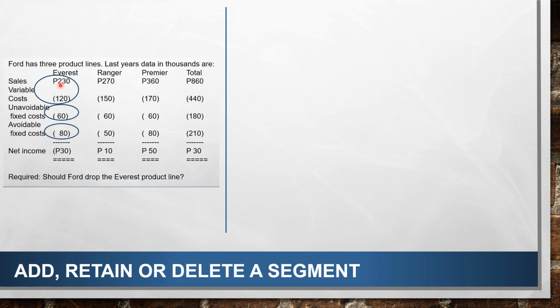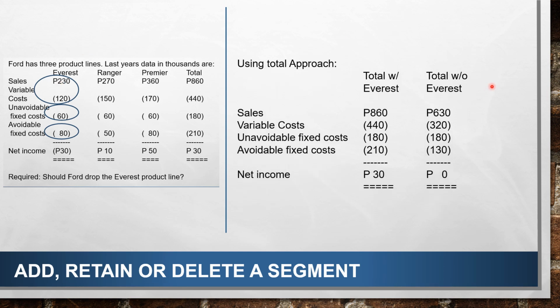Okay, so let's look at the total approach. Total with Prestige. So we have here the total sales of 860, variable cost total of 440, or in other words, the total contribution margin of 860 less 440, 420.